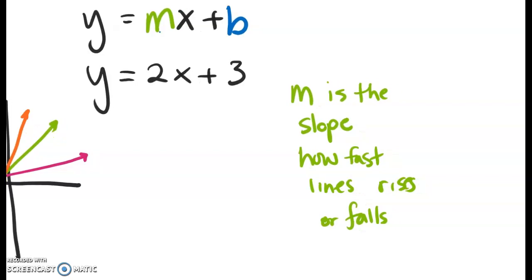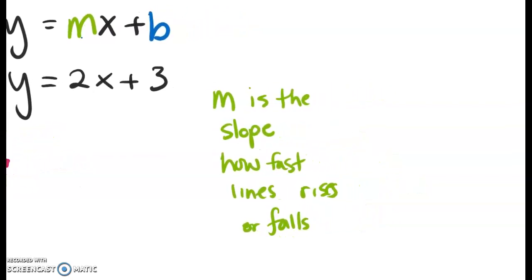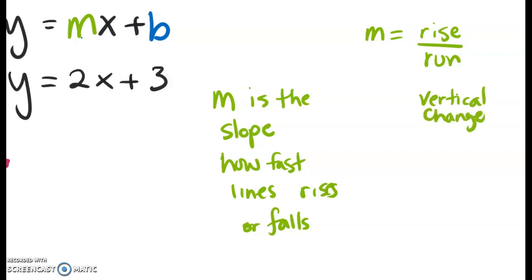To calculate this slope, all you need is 2 points on that line. And what you do is you find the slope, which is rise over run. It's abbreviated with the m. The rise is the vertical change. That's the line's either going to go up or down. The run is the horizontal change. So how far does it go to get to the next point?